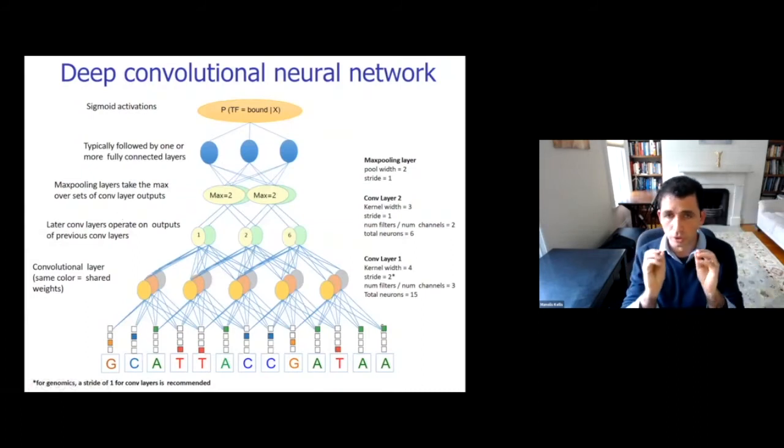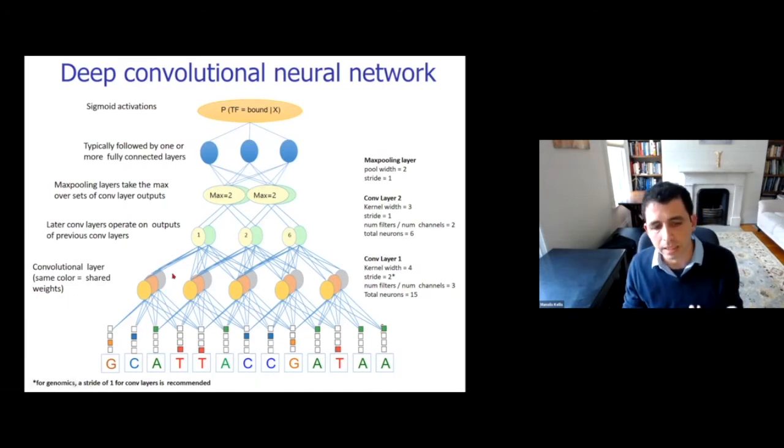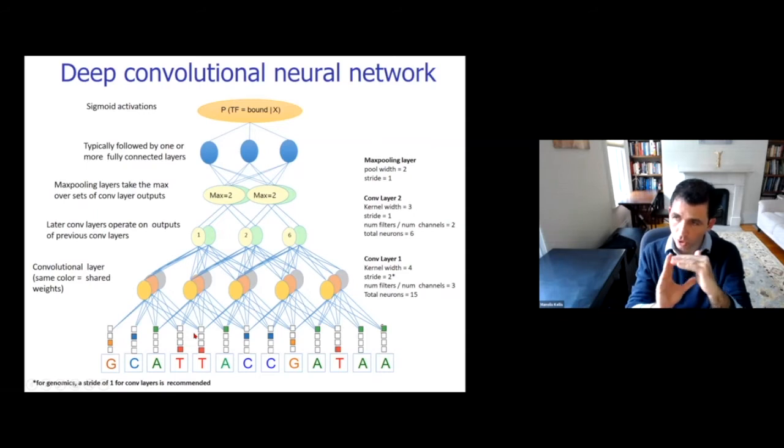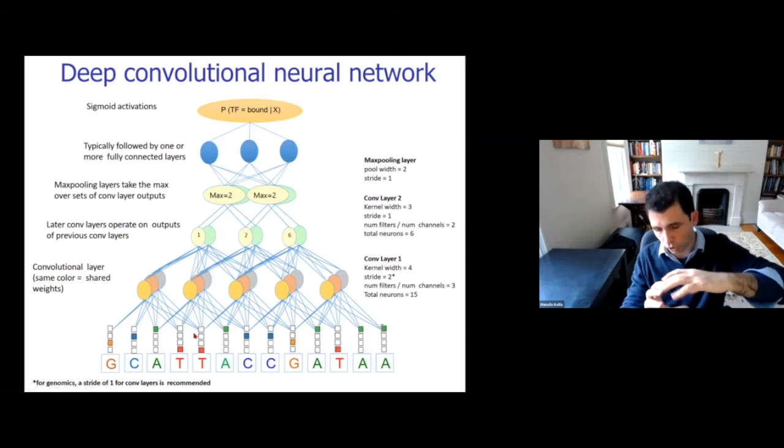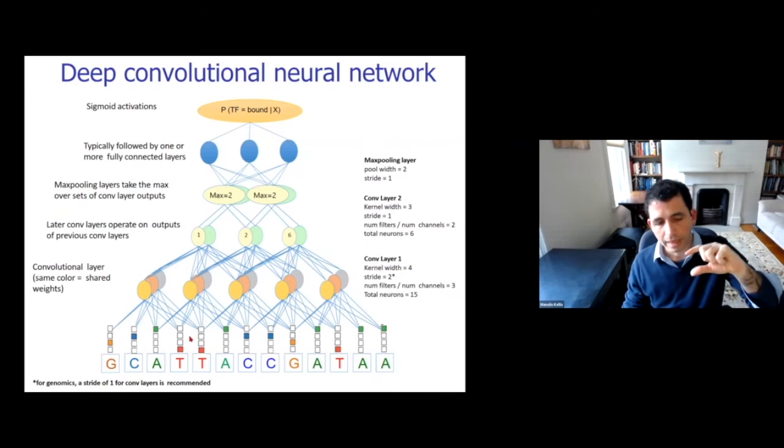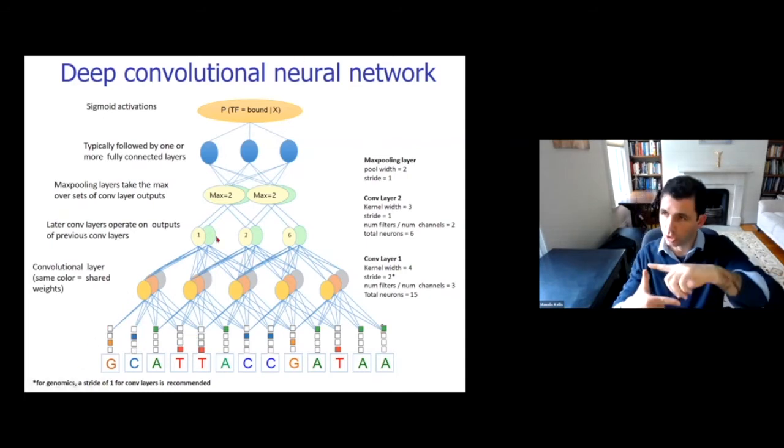With convolutional neural networks, what you're actually learning is hidden representations of your underlying data at multiple scales of resolution. For example, with image analysis, you might see a lot of convolutional filters that are reminiscent of an edge detector.